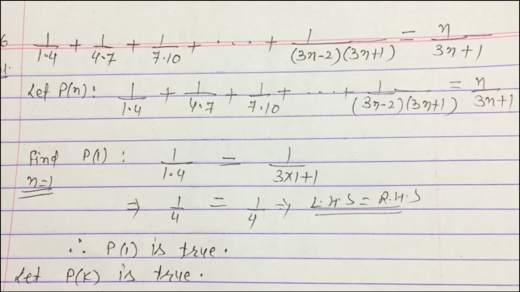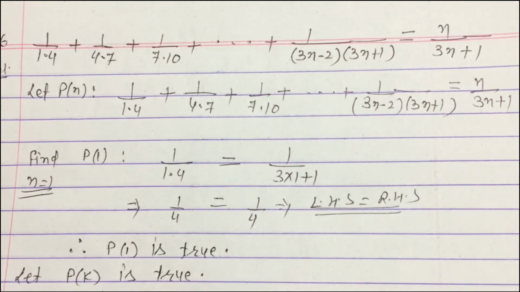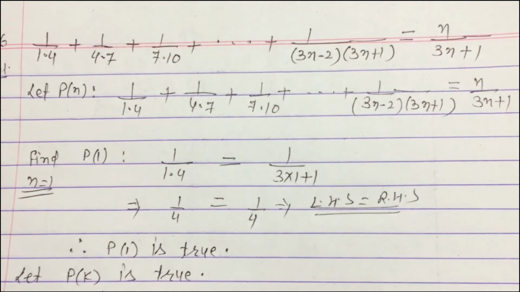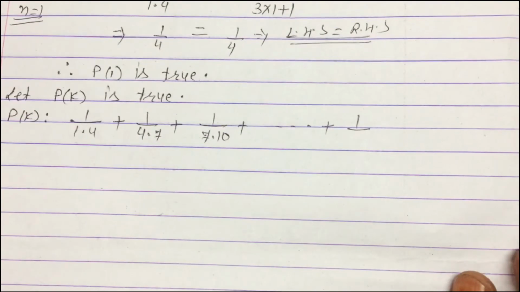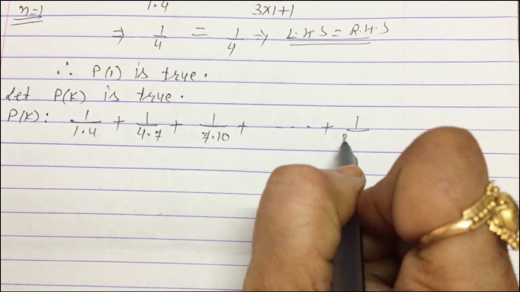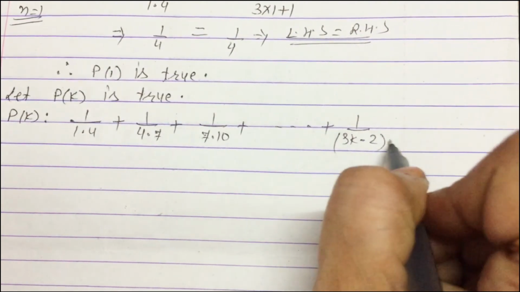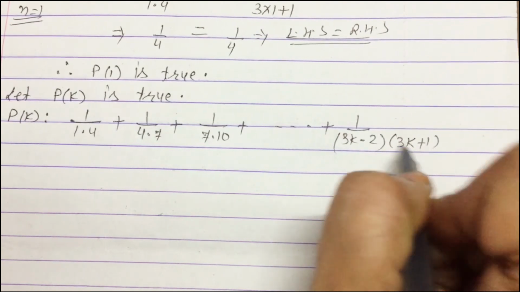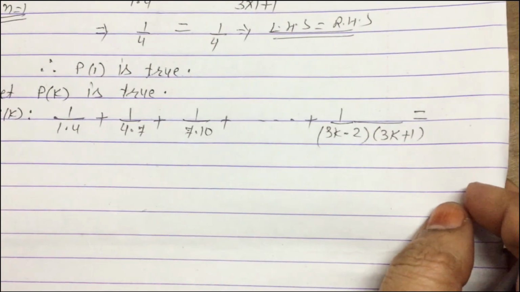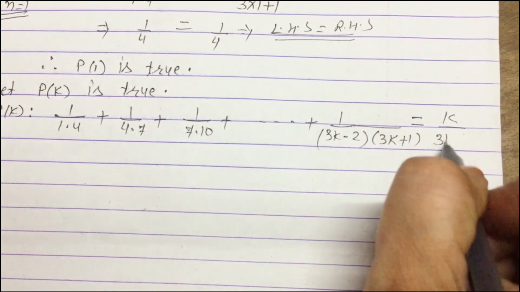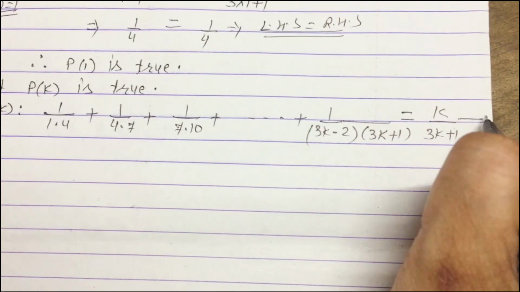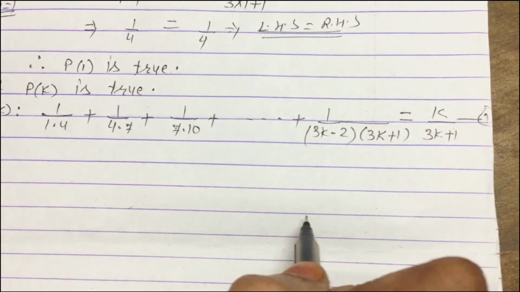So Pk is 1 by 1 into 4, here it is 1 by 4 into 7, 1 by 7 into 10, and here it is 1 by 3k minus 2 into 3k plus 1. Okay, and on the right hand side it is k by 3k plus 1. Write equation 1.